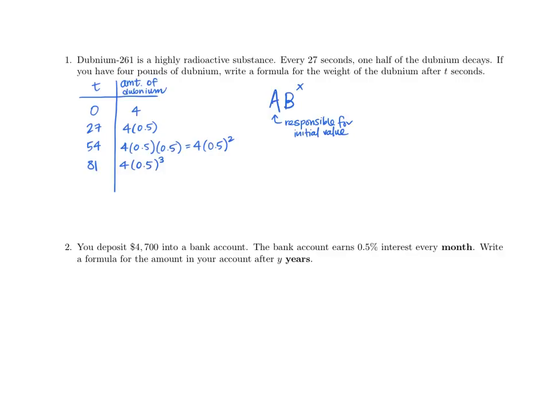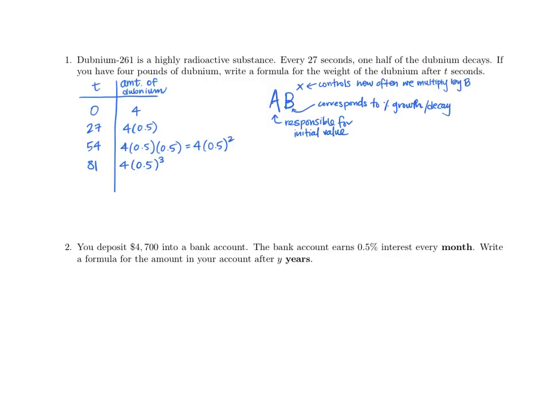The next piece that's really important is that b, that base of the exponent. That indicates the percent change that we're talking about. So whatever that multiplier is corresponds to the percent either increase or decrease that we want to have act on the amount of whatever we're looking at. And then last but not least, that exponent controls how often we multiply by that b.